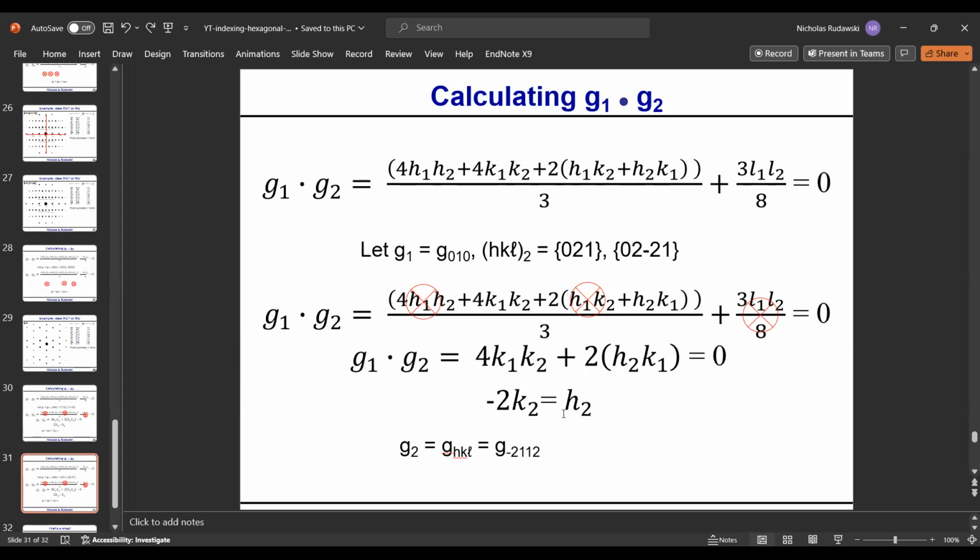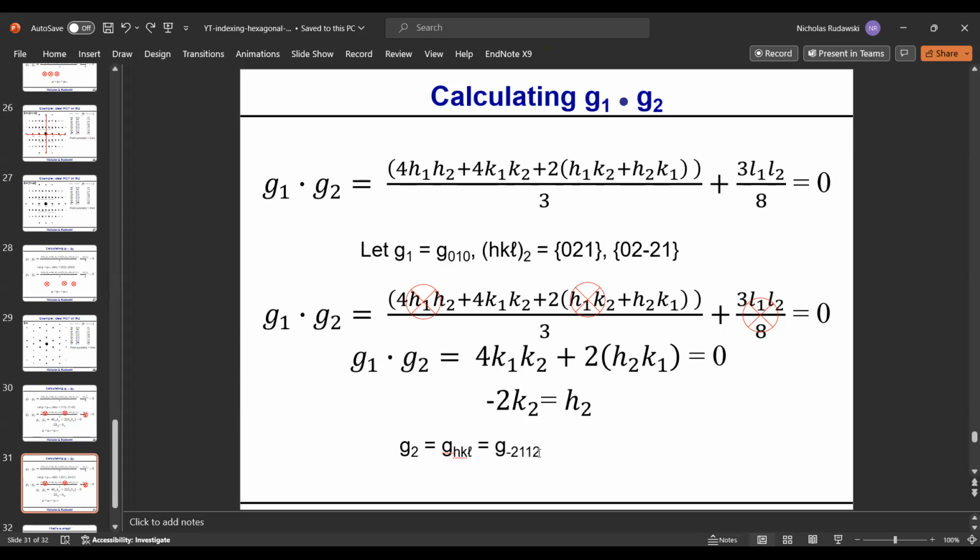I end up with the stipulation that H2 has to be equal to two times the opposite of K2 and be in this family.